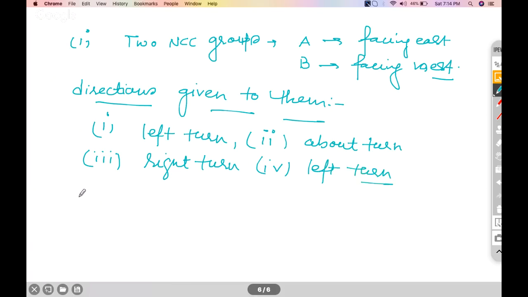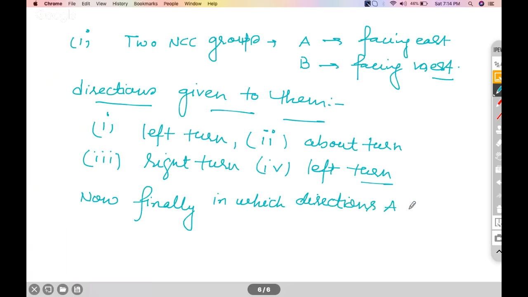Now you have to tell, finally, in which direction A and B are facing respectively.